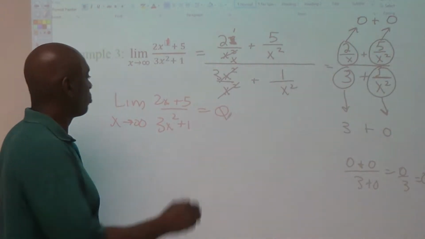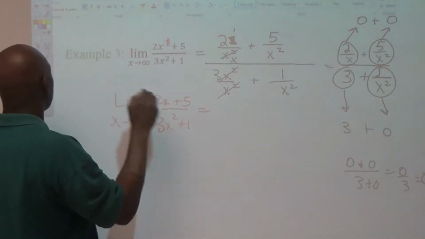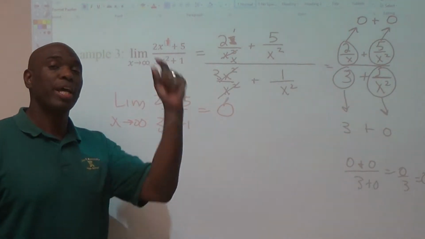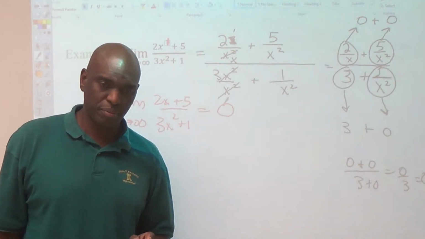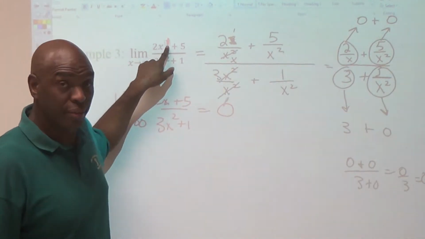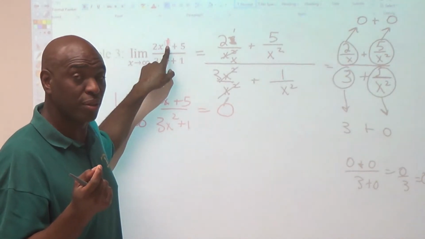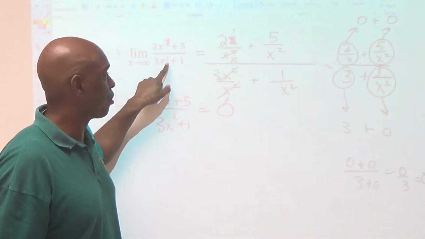And that's it. Well, oops. That's the null set. It's not the null set. It's 0. And why is it 0? It's 0 because the highest power in my numerator, 1, is smaller than the highest power in my denominator, 2.